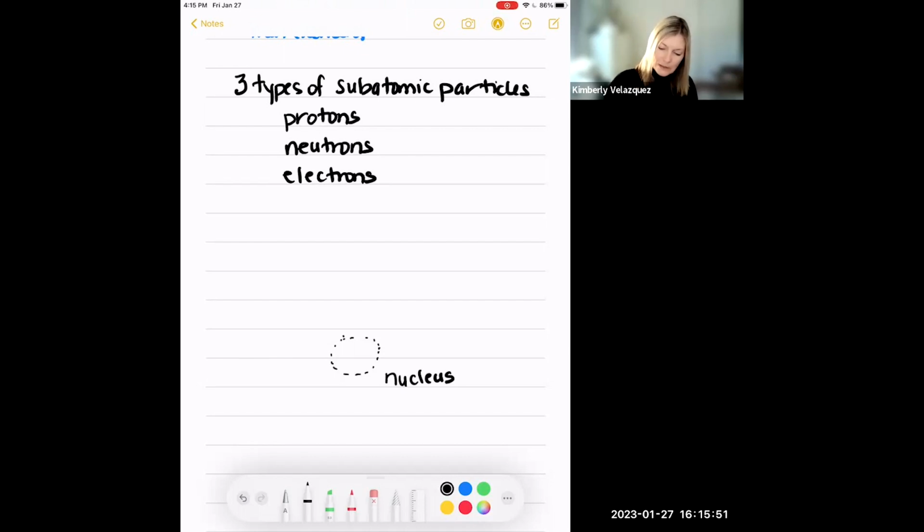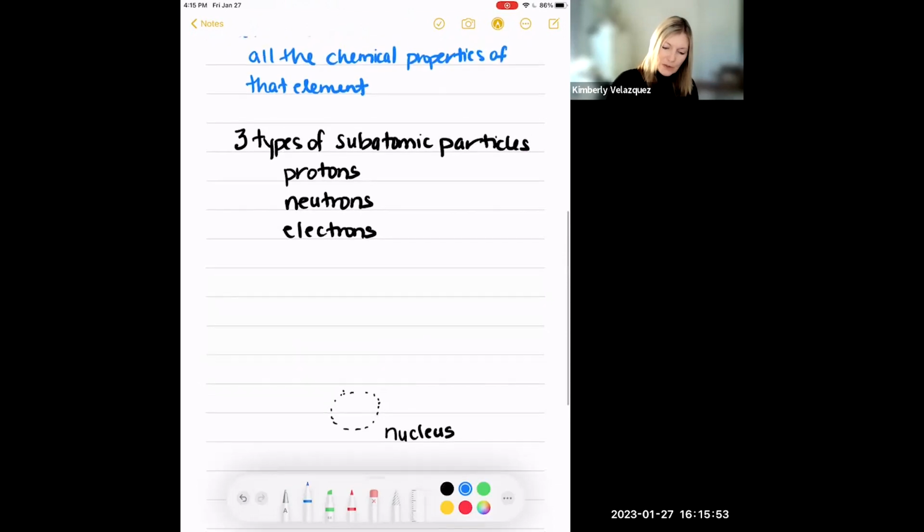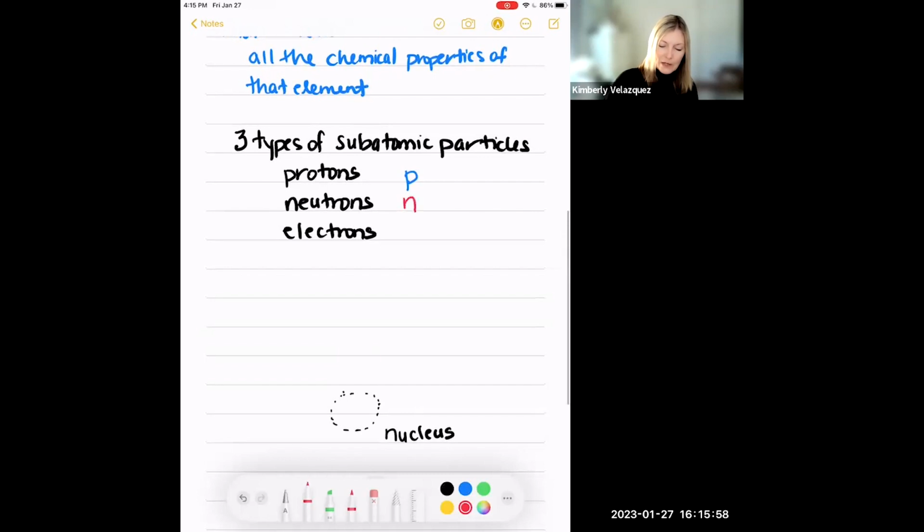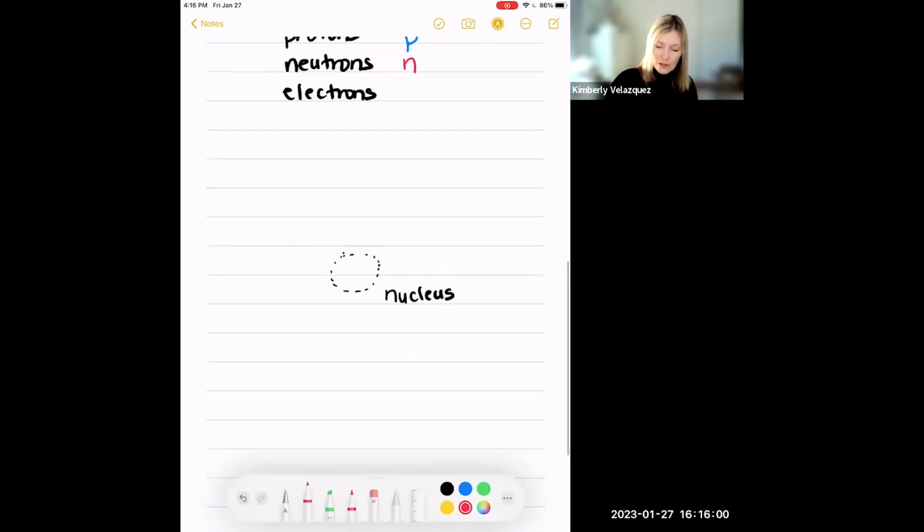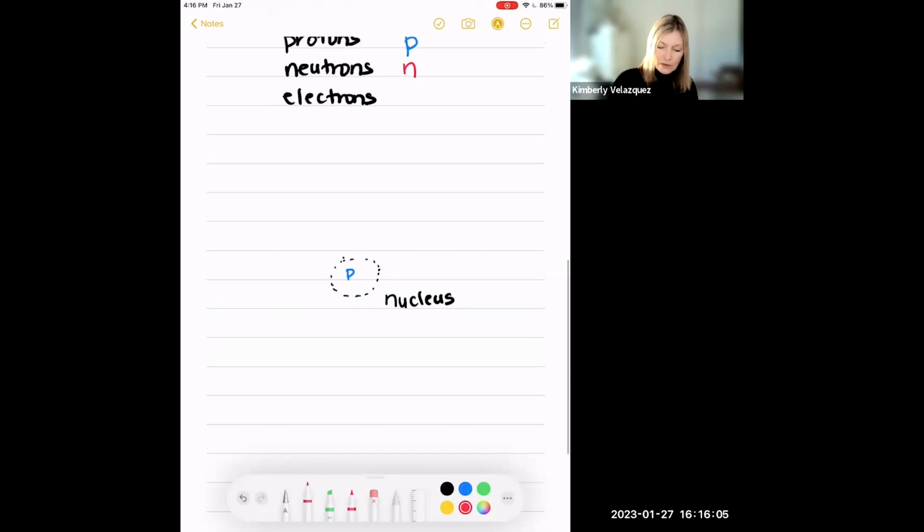The protons, which we're going to represent with the letter P, and the neutrons, which we'll represent with the letter N. So here in the nucleus are protons and neutrons. Then orbiting outside that nucleus, around the nucleus with some major distance between the nucleus and where this is happening, so orbiting way out here somewhere, are the electrons, which we'll represent with a little green E.